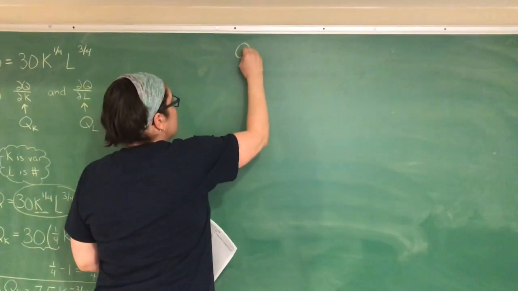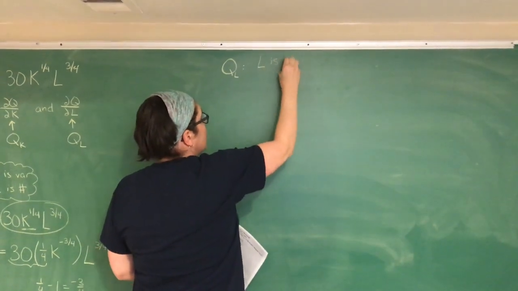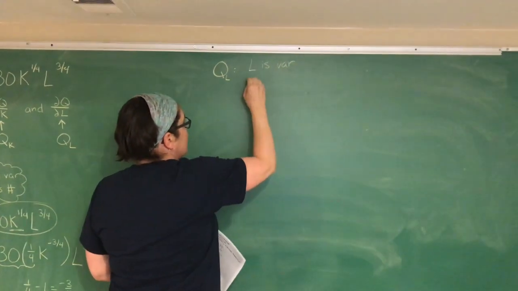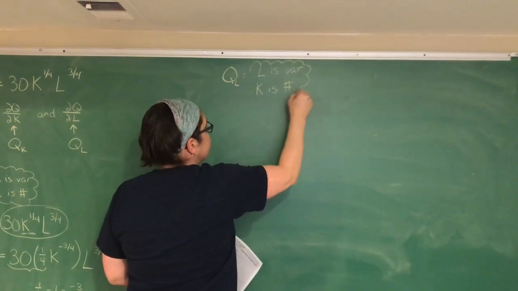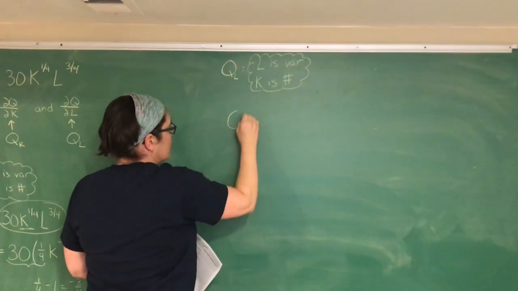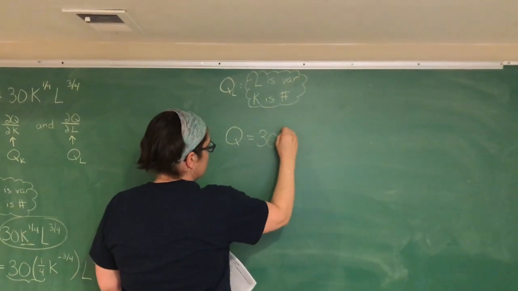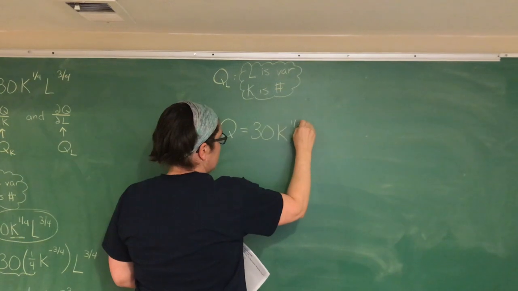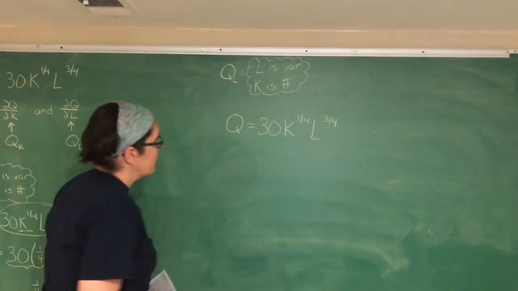So we want to calculate the partial derivative with respect to L. So L is the variable, and now K is the number. My original function is Q is equal to 30 K to the 1/4 L to the 3/4.